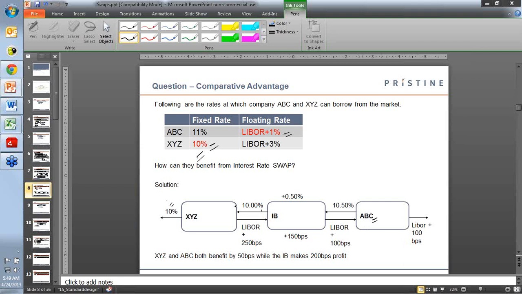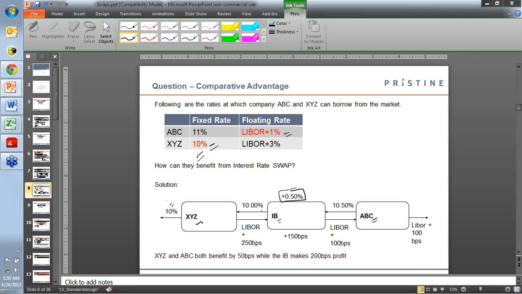Then XYZ will loan this money to ABC. However, here we have introduced the concept of an IB, that is an investment bank, or in other cases some other financial intermediary, which actually carries out the transaction involved in the swaps. As a fee for carrying out the transaction, the IB will take off 0.5% of the profit here.